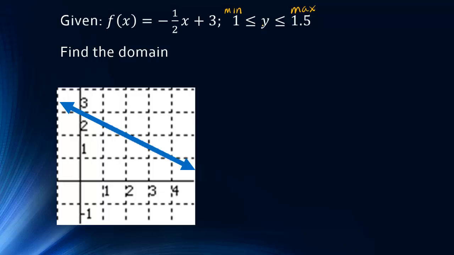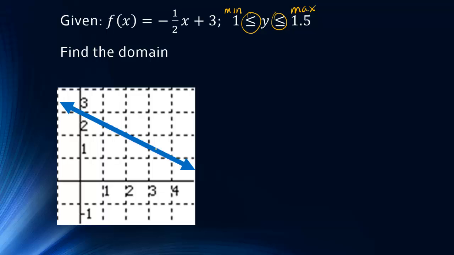That means y has to fall in between there. These are important too, because they tell you if these points are included. If it's got the line underneath, like in this case, y is greater than or equal to 1, so 1's included. If it was just the greater than sign, then the 1 wouldn't be included, and on this graph it would be represented with an open circle, like on a number line.